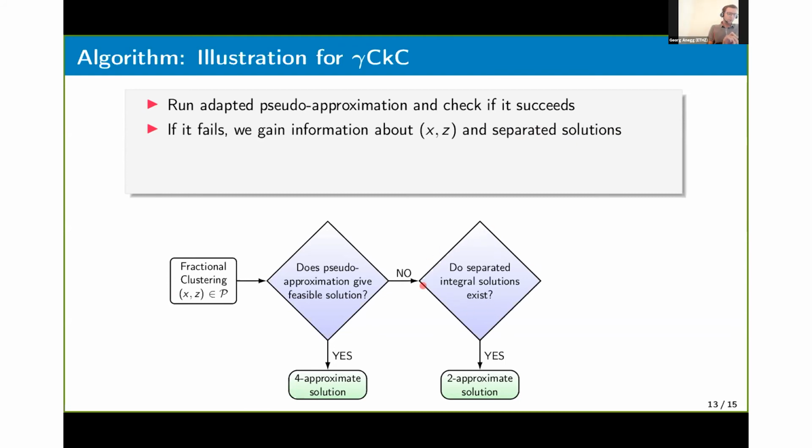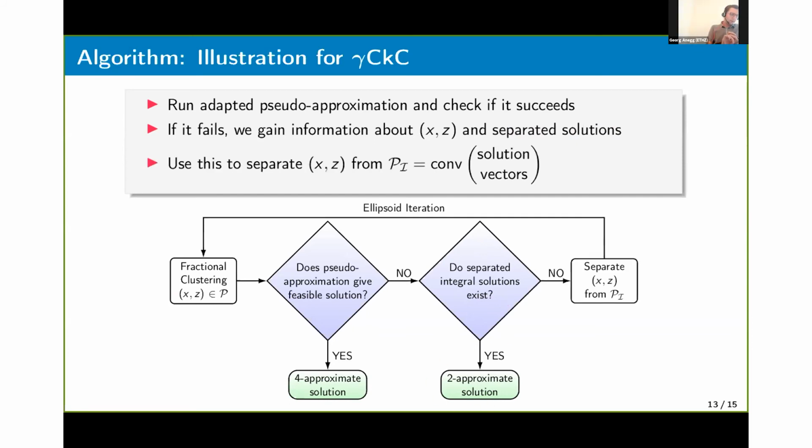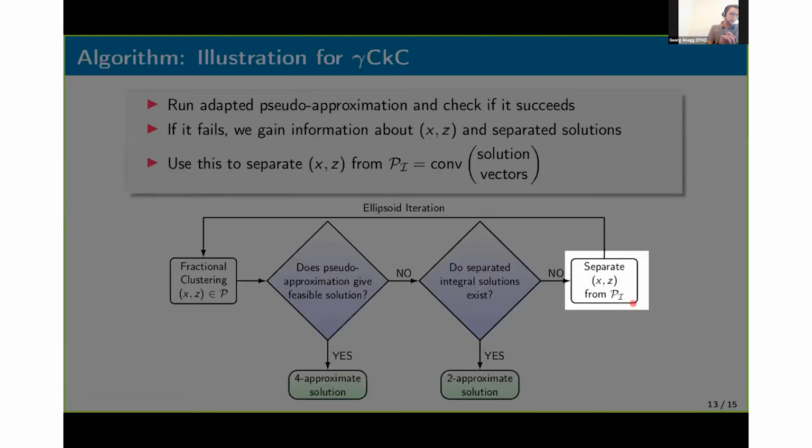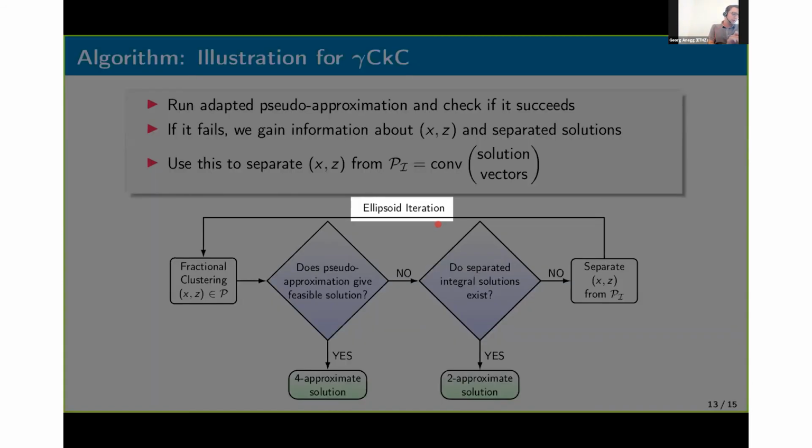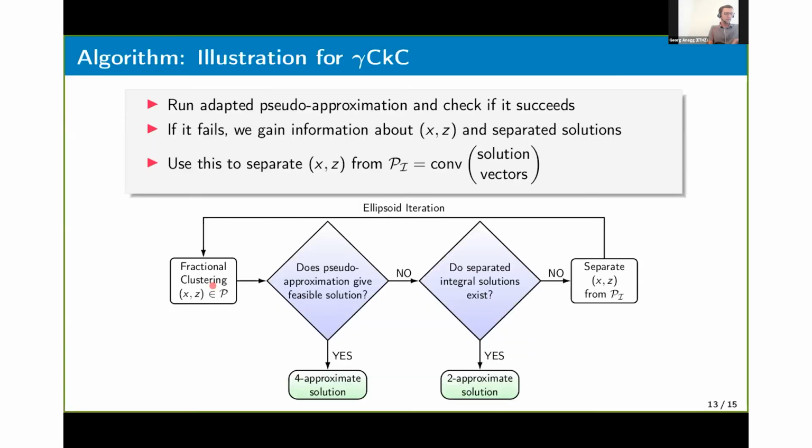And it turns out that such separated integral solutions we can actually recover with the DP. And if neither of those succeeds, then we have a guarantee that we can separate the point we started with from P_I, the combinatorial polytope. And we can feed that into the ellipsoid, which gives us a new fractional clustering, and we continue. And by the ellipsoid machinery, we are guaranteed that we only go through a polynomial number of rounds. This is the high level of how the round-or-cut works.